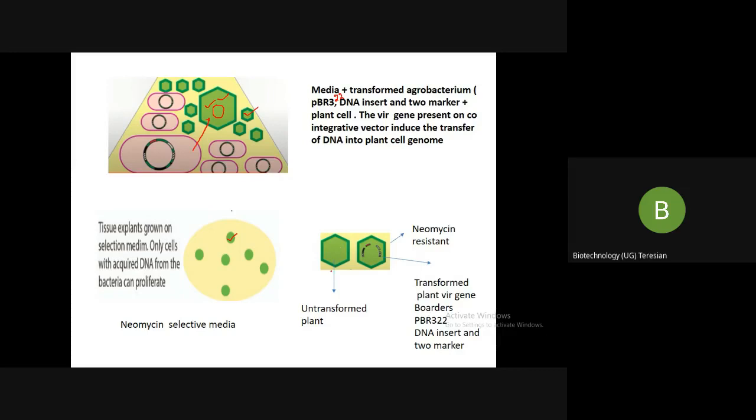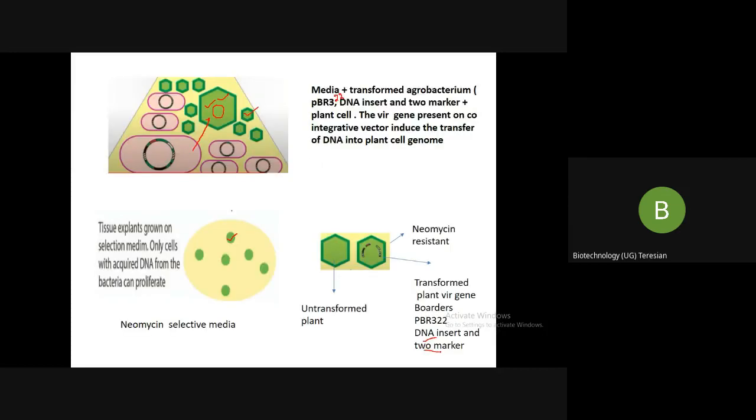This is what I have shown you. This is an untransformed plant. Integration has not happened, whereas this is a transformed plant. See, it is carrying a neomycin resistance gene. It is carrying your Vir genes, your borders, your pBR322, your DNA of interest, and the two markers. So this is about co-integrated vectors.